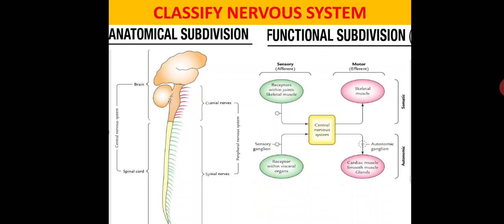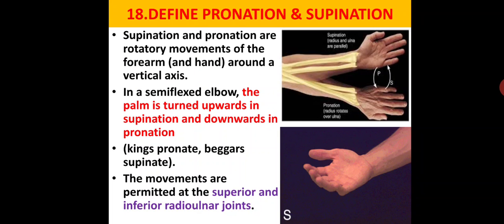In the sensory, the information reaches the central nervous system, whereas the motor from the central nervous system reaches the peripheral part. If it reaches the skeletal muscle, it is somatic in nature. If it reaches the cardiac muscles, smooth muscles, and glands, it is autonomic. So these are the classifications of the nervous system anatomically and functionally.